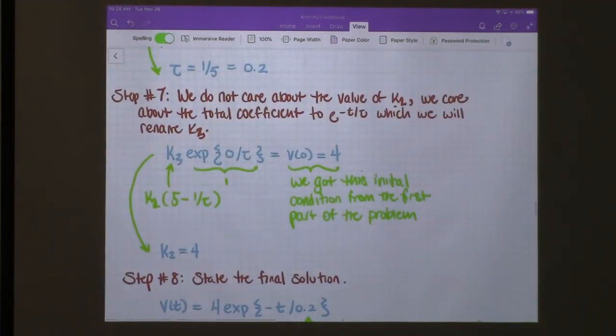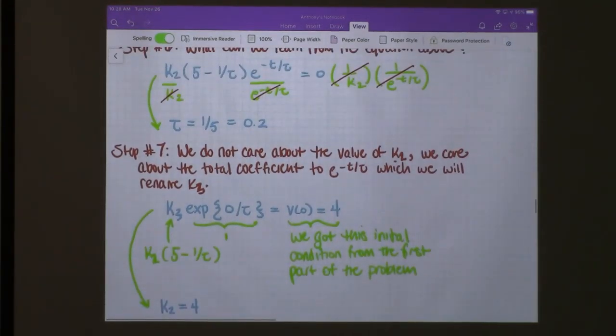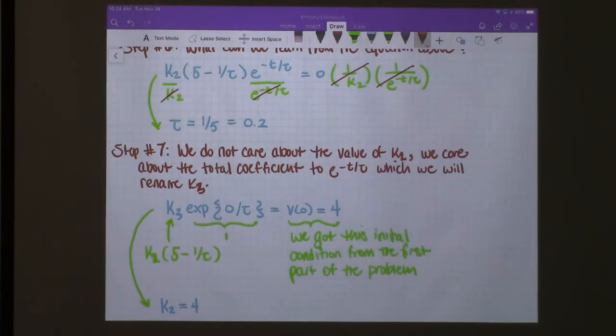Okay, so what we have is K3 e to the negative t over tau is going to be equal to v of t.